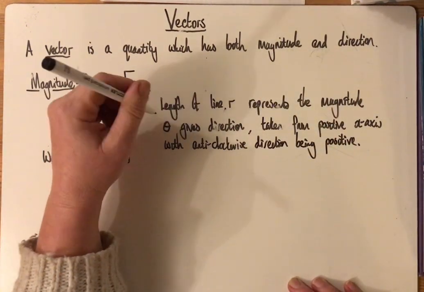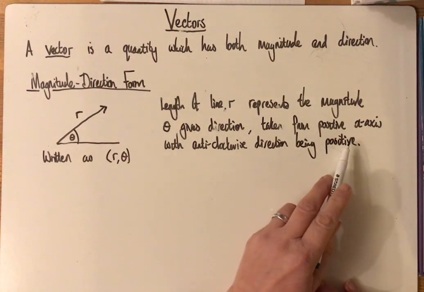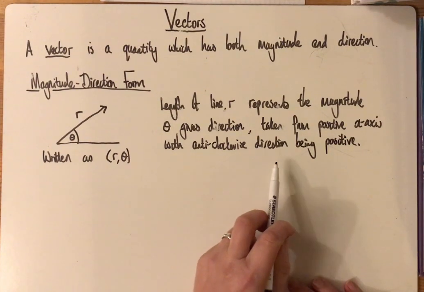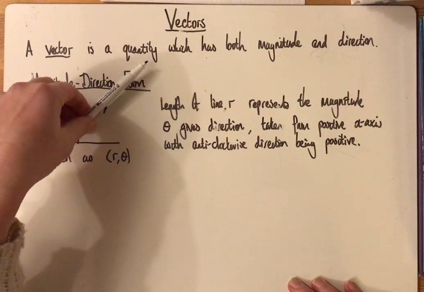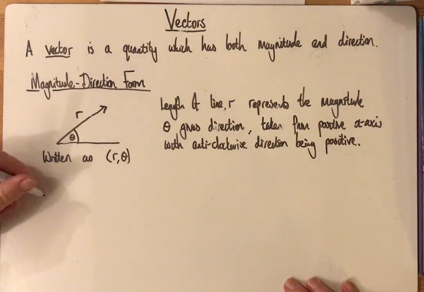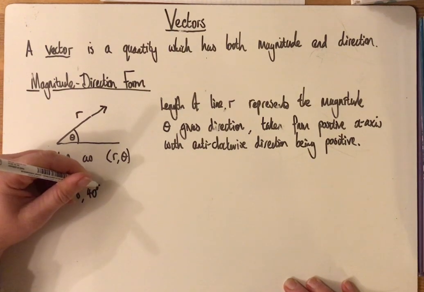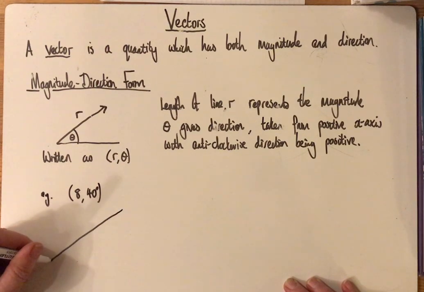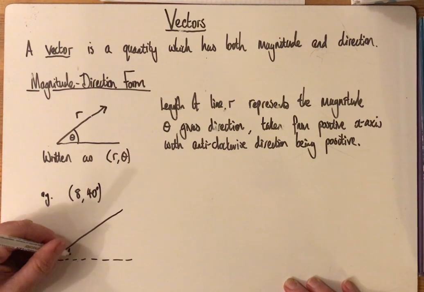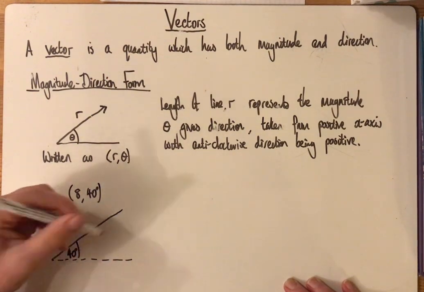So the length of the line represents the magnitude, theta gives the direction, taken from the positive x-axis, with anti-clockwise being positive. I'll give you a few examples. For example, 8, 40 degrees: you'd have a line of length 8, at 40 degrees from the positive x-axis.